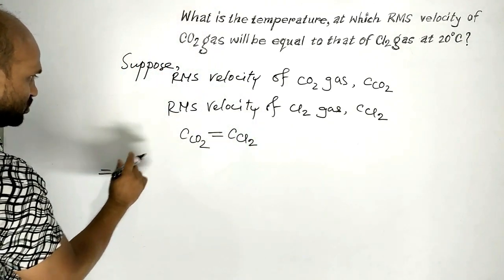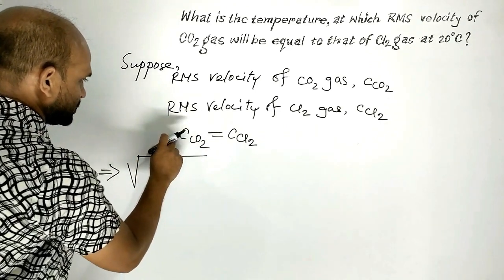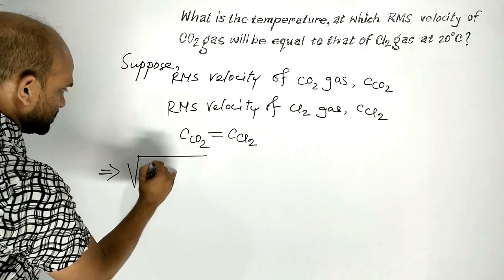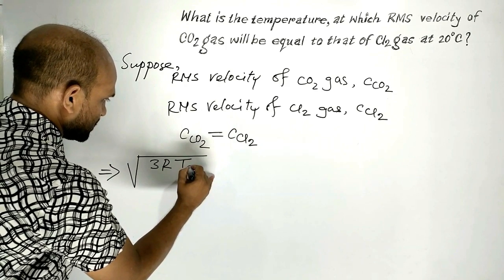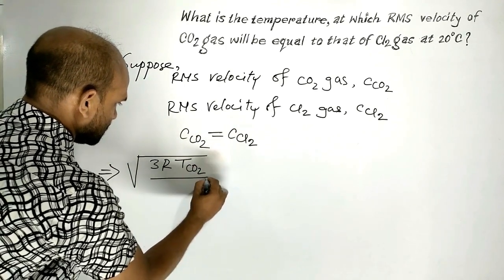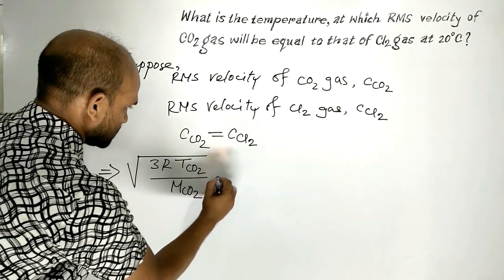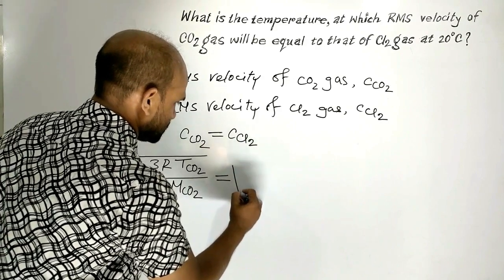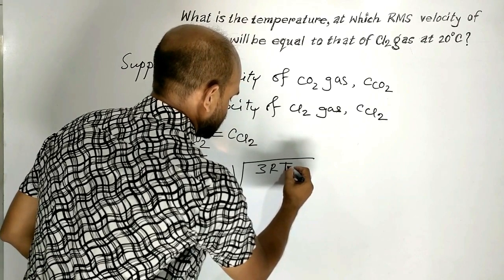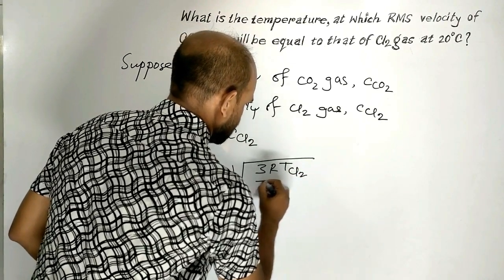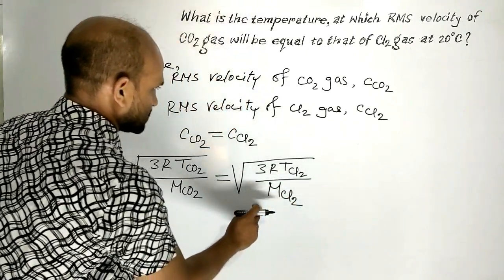Then we can write this in this way, that is RMS velocity for carbon dioxide gas is root over 3RT, this is Kelvin temperature for carbon dioxide gas, divided by molar mass for carbon dioxide gas, is equal to root over 3RT, Kelvin temperature for chlorine gas, divided by molar mass for chlorine gas.